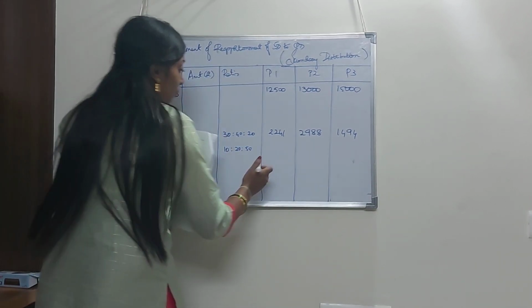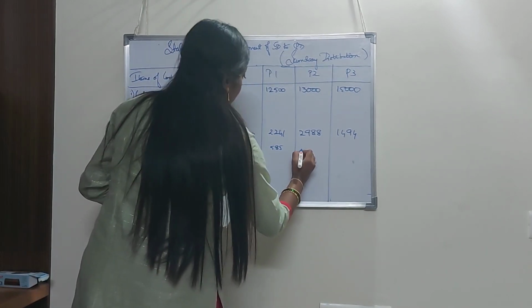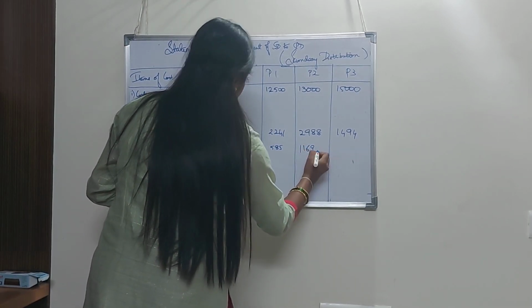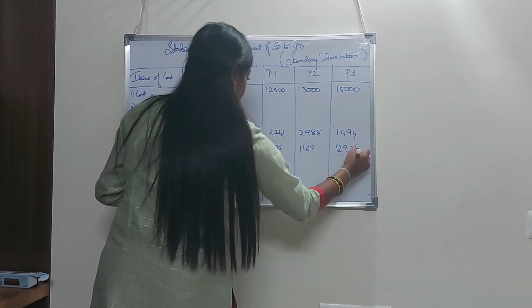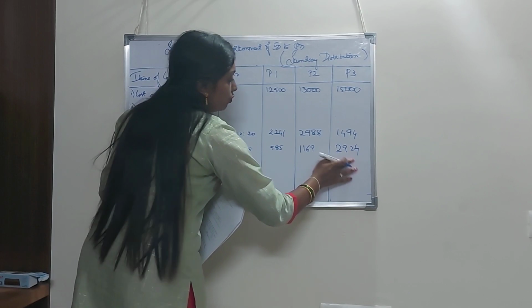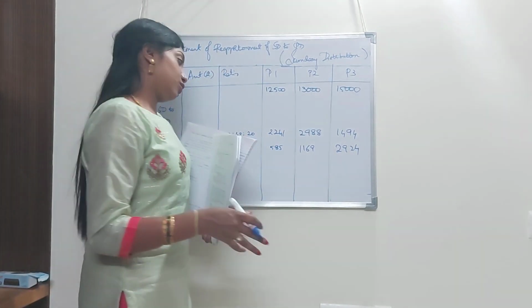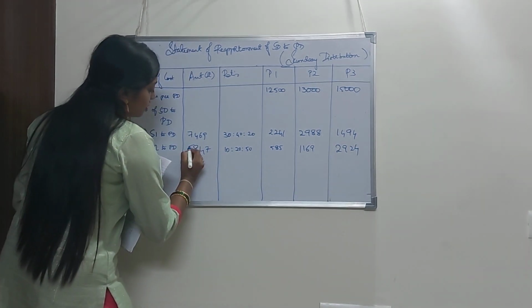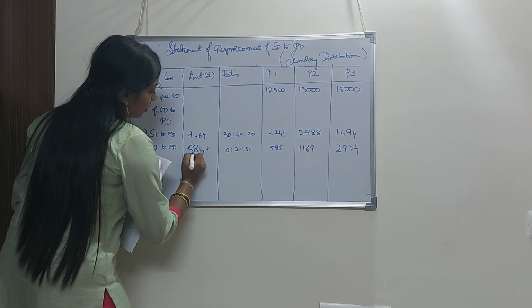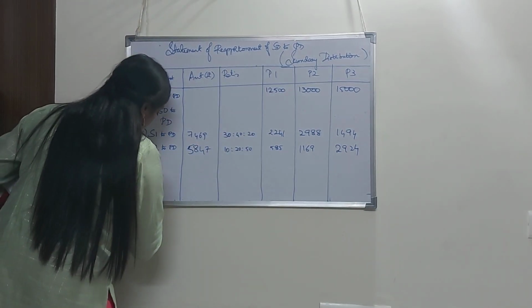So the amount would be 585, 1,169, 2,924. So round it off. If you have got decimals in your calculation, round it off to whole number. So 5,847 is being reapportioned in this format. Now the next step would be totaling all the columns.